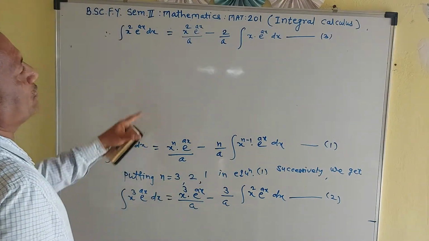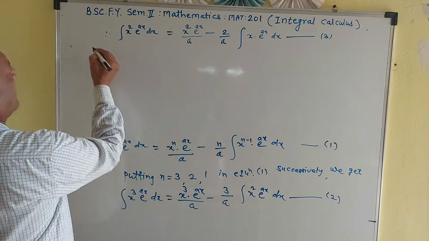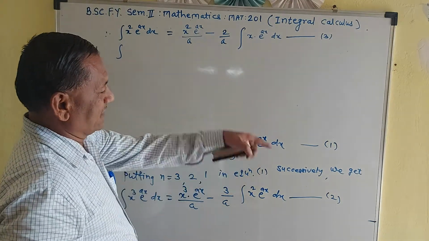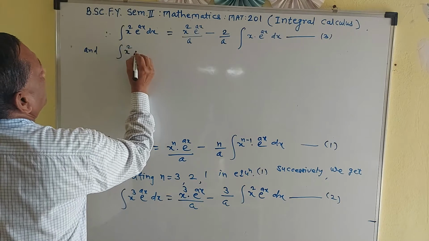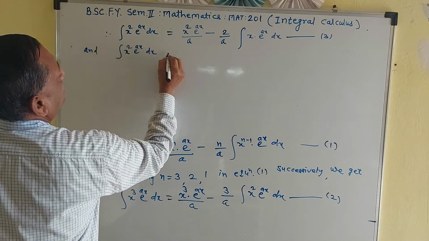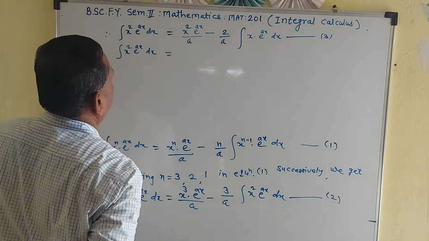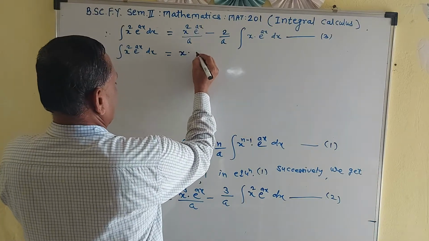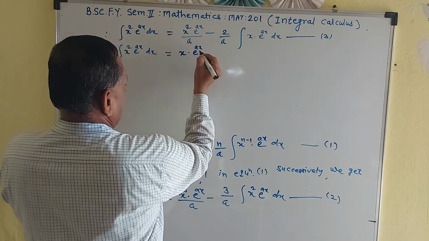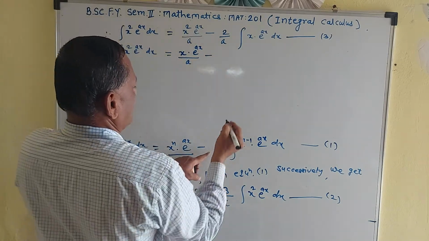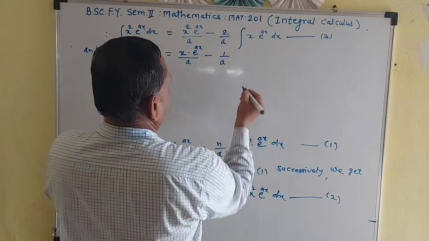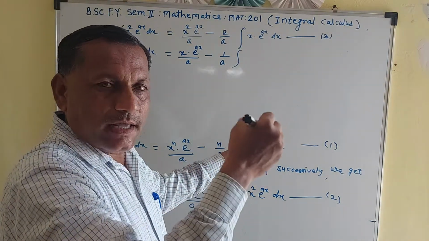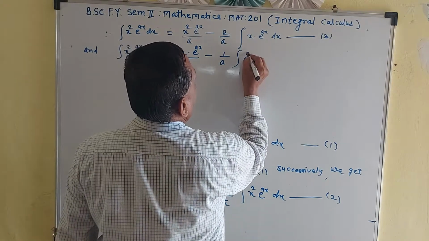Putting n = 1 in equation 1, x e^(ax) dx is equal to x e^(ax)/a minus (1/a) times x raised to 0, which is 1, times e^(ax) dx.